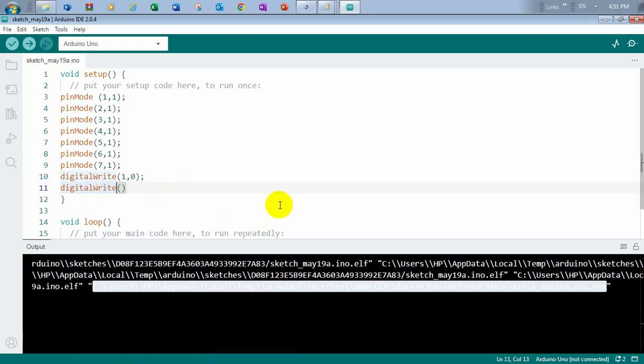To be low. We can write low or 0, and don't forget the semicolon, and compile.